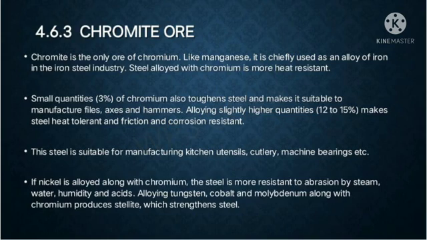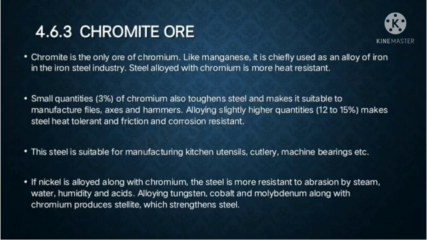Alloying slightly higher quantities, 12 to 15%, makes steel heat tolerant and friction and corrosion resistant. This steel is suitable for manufacturing kitchen utensils, cutlery, machine bearings, etc. If nickel is alloyed along with chromium, the steel is more resistant to abrasion by steam, water, humidity, and acids.